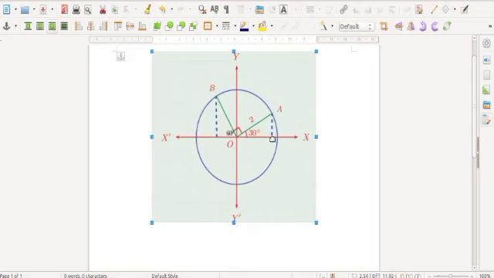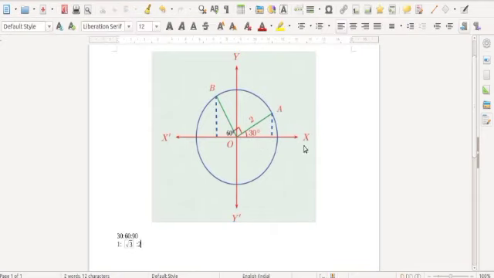What is special about the sides of a 30, 60, 90 triangle? Their sides are in the ratio 1 : √3 : 2. Okay, so here the side opposite to 90 degrees is 2.